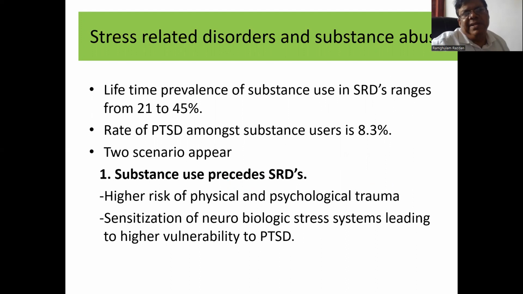Now, stress disorder and substance use have a close correlation. Lifetime prevalence of substance abuse ranges from 21 to 41%. Rate of PTSD among the users is 8 to 33%. Two scenarios appear. Substance use preceding PTSD carries a higher risk of physical and psychological trauma.